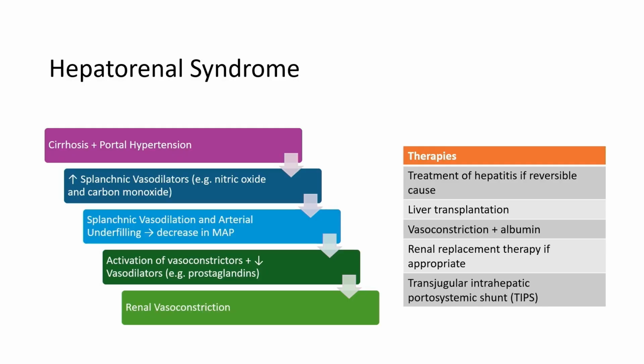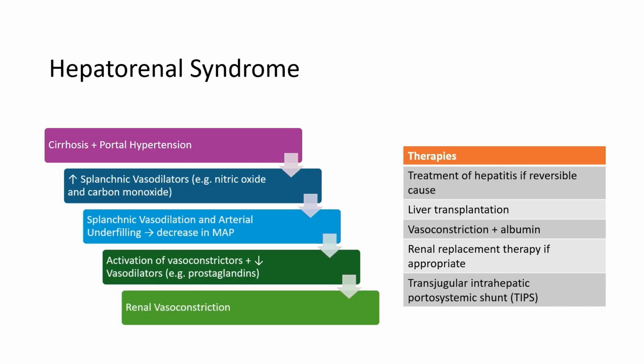And if that is working, it can be continued up to 2 weeks. If it's not working, it is a very poor prognostic sign for the patient. So if they're not a liver transplant candidate, the mortality rate is very, very high. The prognosis is poor. And depending on what the clinical situation is and the liver transplant candidacy is, renal replacement therapy may or may not be appropriate.